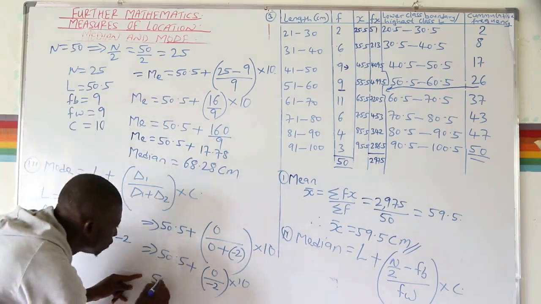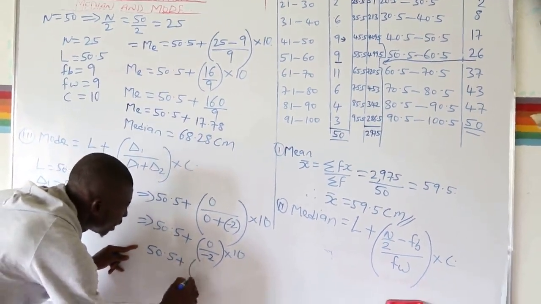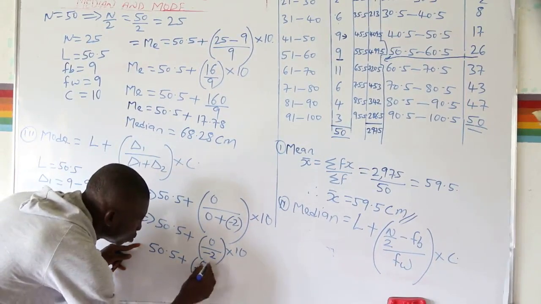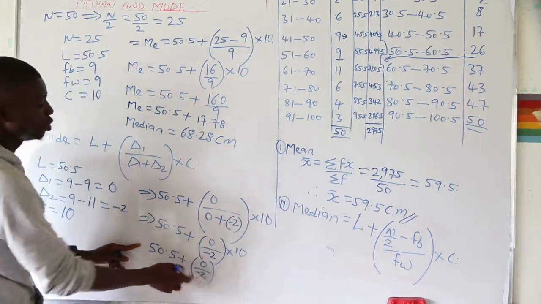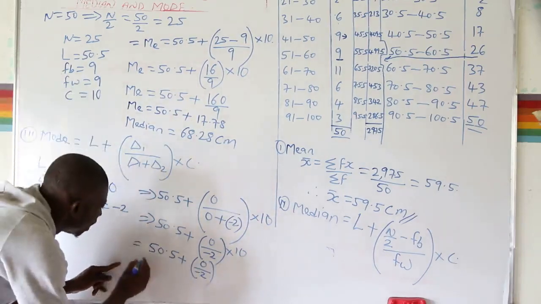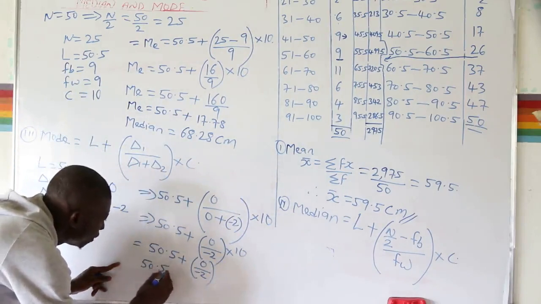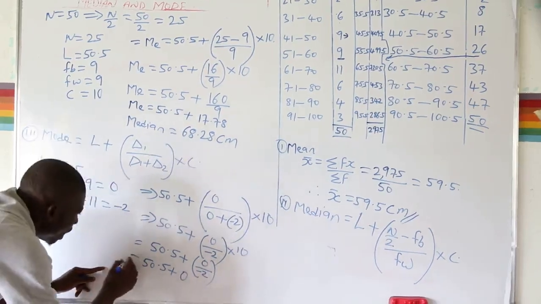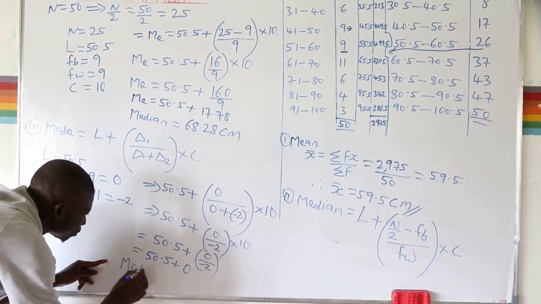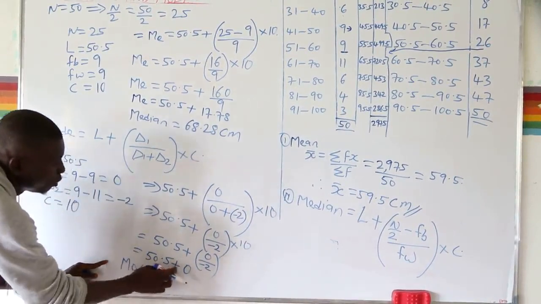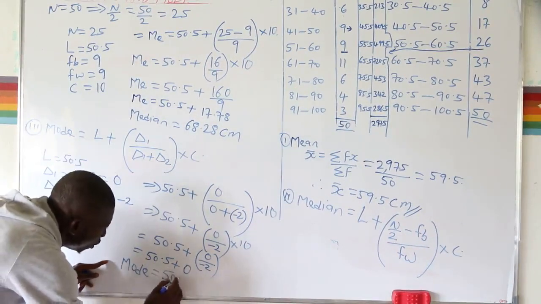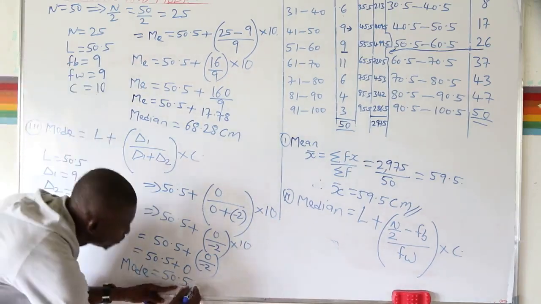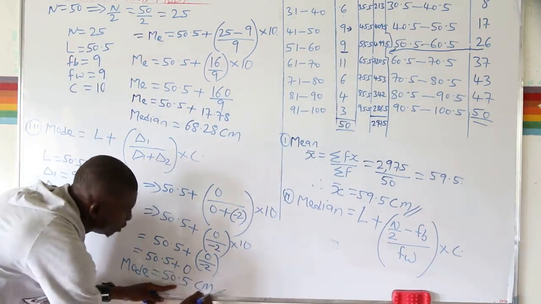So 0 divided by minus 2 gives us 0. So now our mode is equal to 50.5 plus 0, which gives us 50.5. Don't forget, that was supposed to be in centimeter. That's 50.5 centimeter, our final answer.